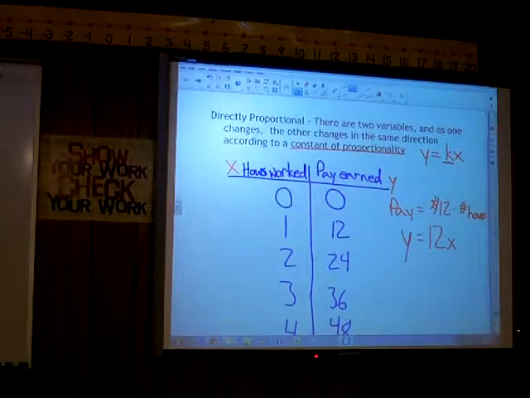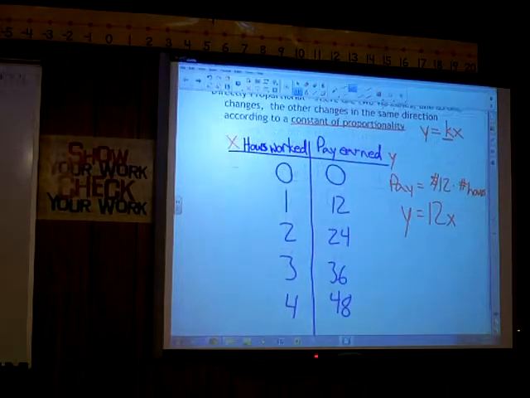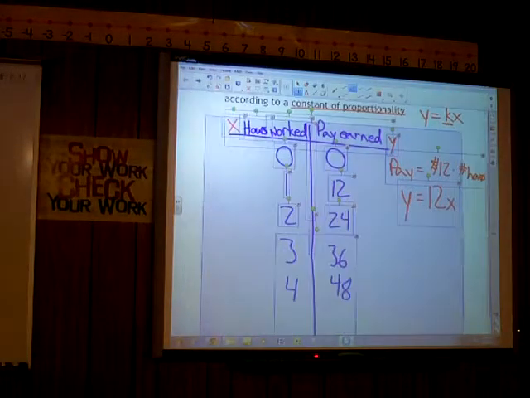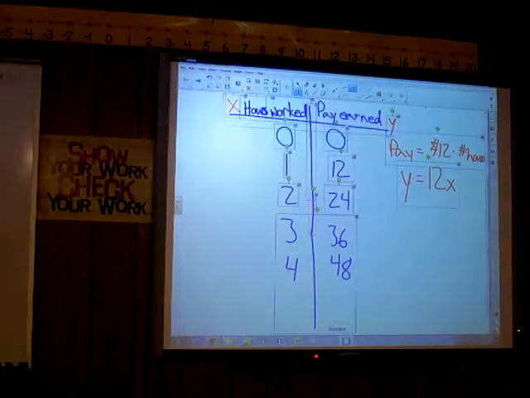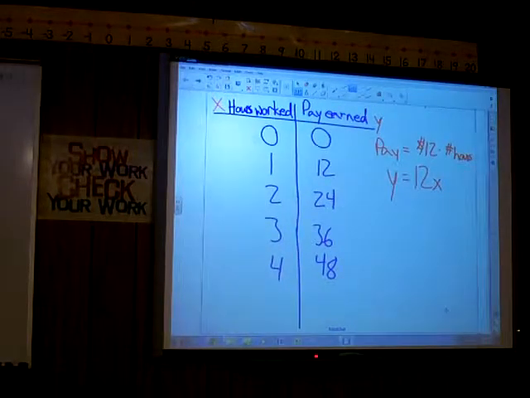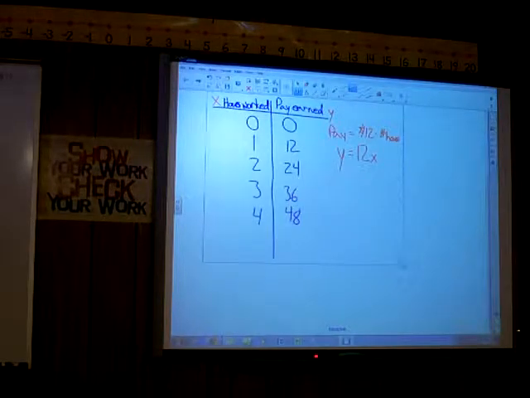Now, I want you to try to relate this to what we've learned before. What does this look an awful lot like that we did before? Anna Marie? It kind of looks like substitution because you plug that into your problem, like y equals 2x.